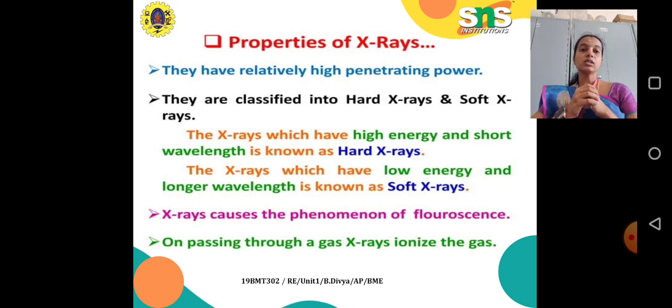On passing through a gas, X-rays ionize the gas. A gas will be filled, and while the radiation passes, the X-rays ionize the gas.